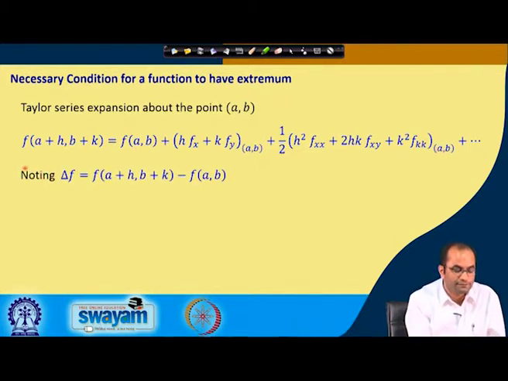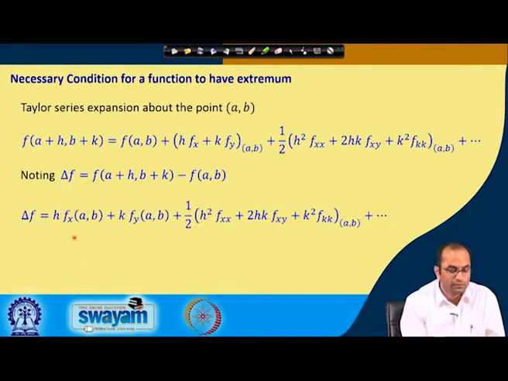Noting that this delta f, which we defined in the previous slide, the difference of f(a plus h, b plus k) minus f(a, b), will be equal to h f_x(a, b) plus k f_y(a, b) and these higher order terms.